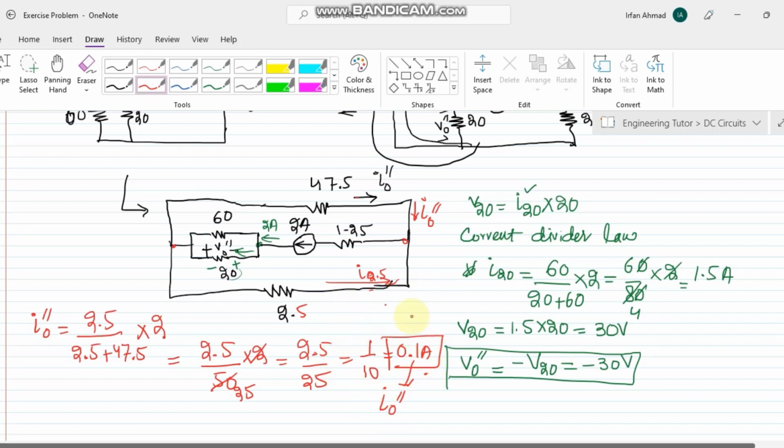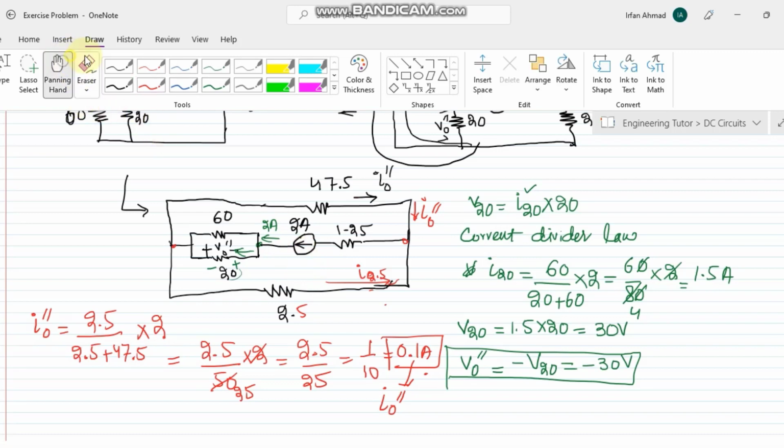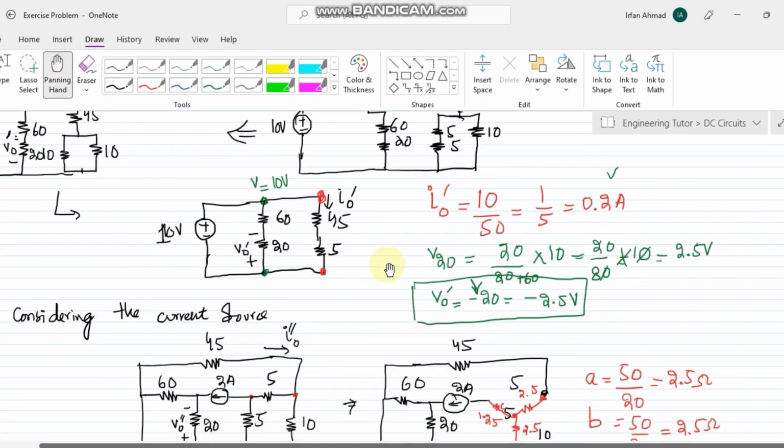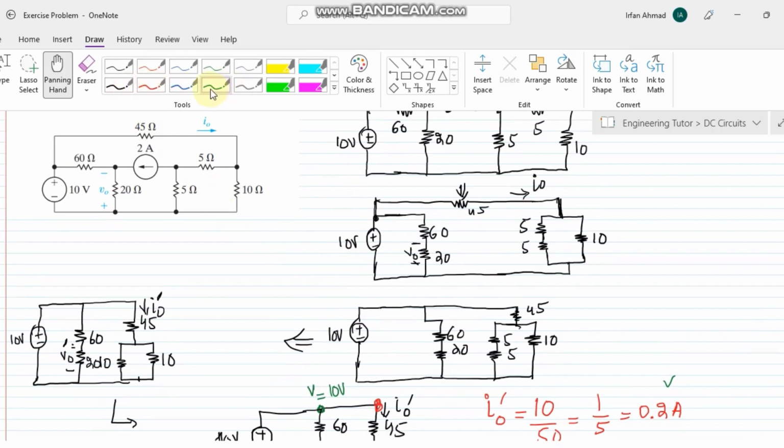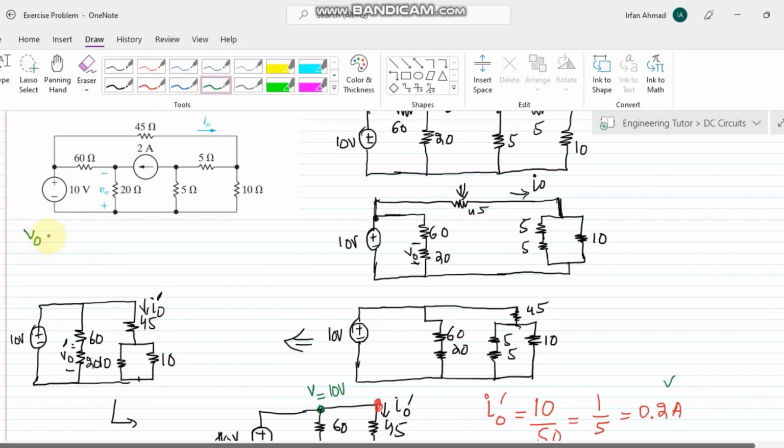So those are the values when only the current source was considered. Similarly, we have also found the values of the voltage and current when the voltage source was considered and the current source was neglected. Now let me calculate the value of voltage first. The value of voltage V naught will be equal to the value of the voltage when only the voltage source was considered, plus the value of the voltage when only the current source was considered.